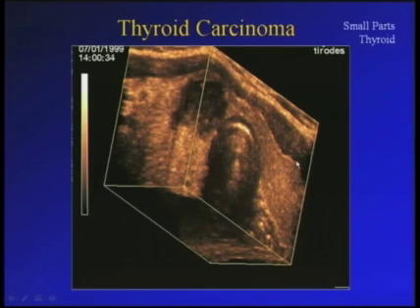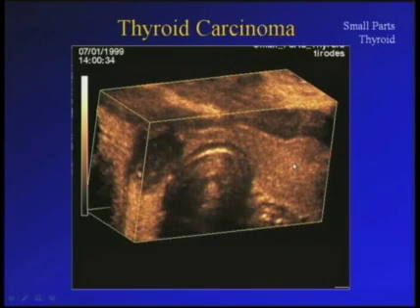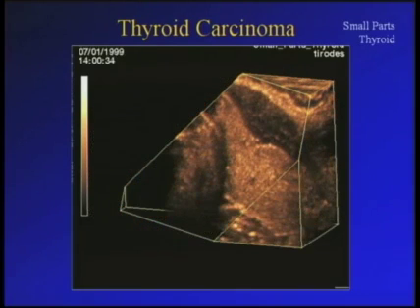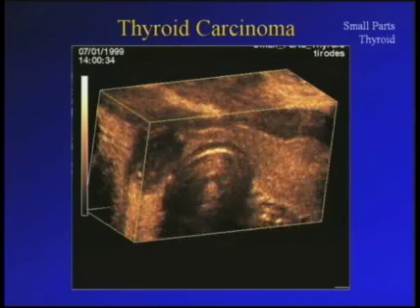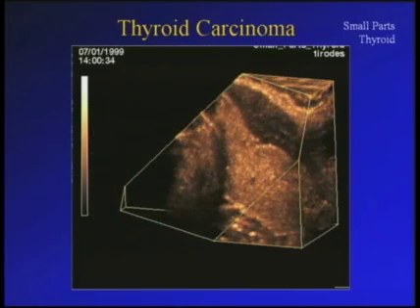And the advantage of 3D ultrasound is that we can rotate the image in any direction, we can change the perspectives, and we can perform cuts in the image just looking for the extension of the lesion, or trying to obtain a better definition of the limits of the eventual tumor in this case.